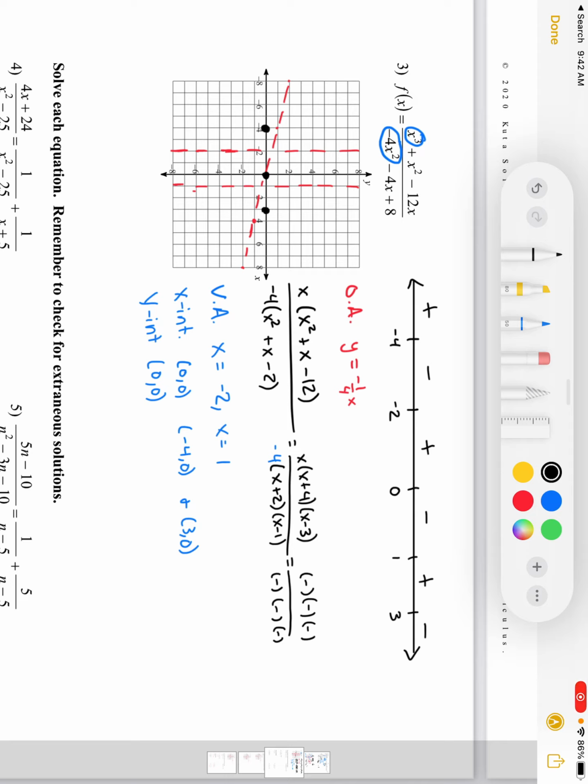Let's see what happens at these vertical asymptotes. At x equals -2, when we approach -2 from the left, we're going to go down to -infinity. And when we approach -2 from the right, we're going to go up to +infinity. Then x equals 1 is the other asymptote.